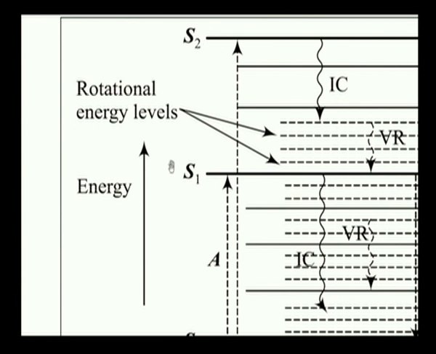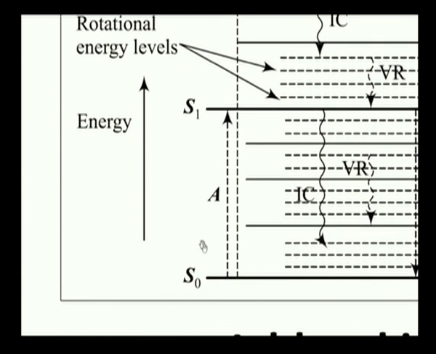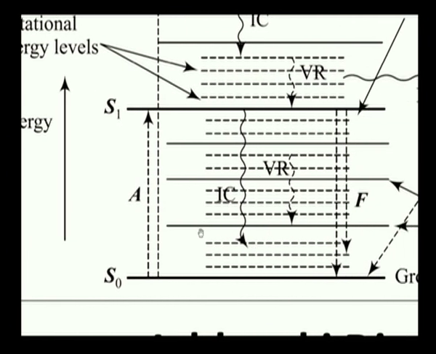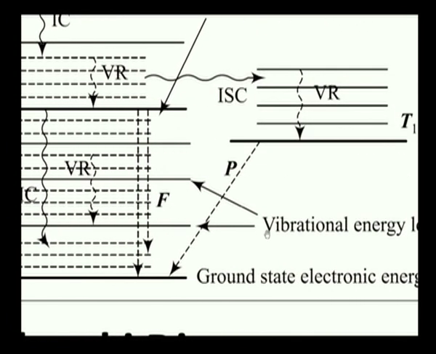So, these lines are electronic energy levels. Now, you can see there are again different lines which are very closely packed. These are the vibrational energy levels.